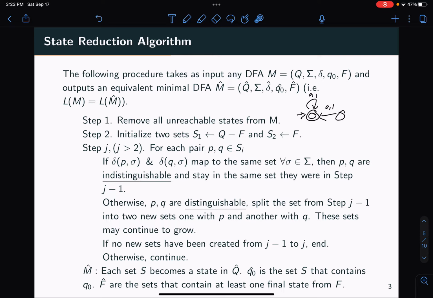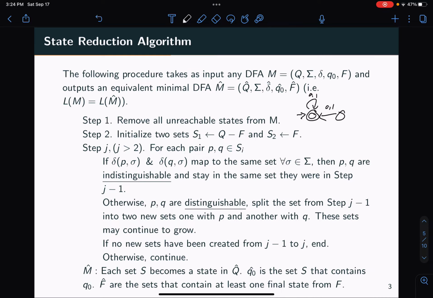The next thing, and this is the crux of the algorithm, is you're going to partition your set of states. So you're going to start with two initial partitions. Your first partition, S1, is going to be all of the non-accept states.